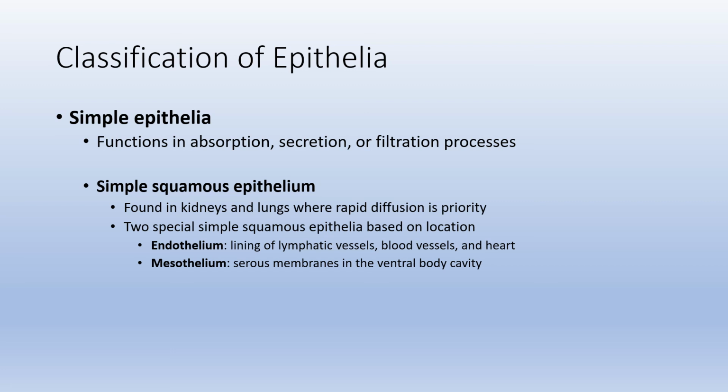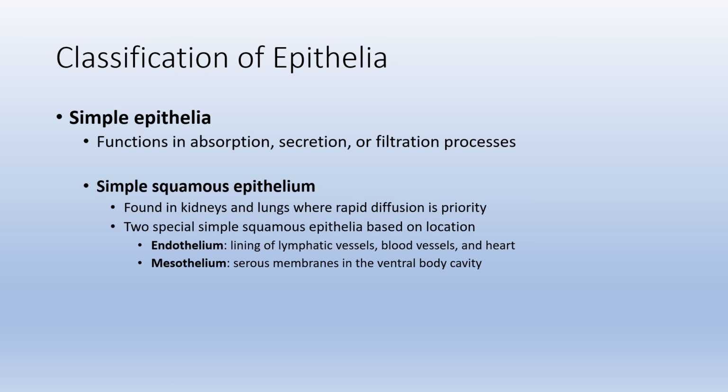This type of epithelium, since it's fairly thin, will be found in areas where we want diffusion, such as in the lungs, where we will diffuse oxygen and carbon dioxide. Now, later on, when we talk about the cardiovascular system, we will see simple squamous epithelium again when it lines blood vessels and the inside of the heart. But to keep things simple, we will just call it endothelium.